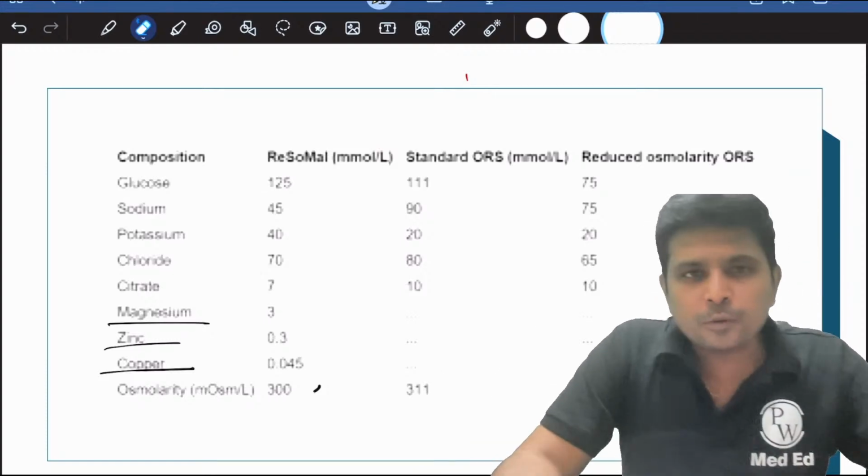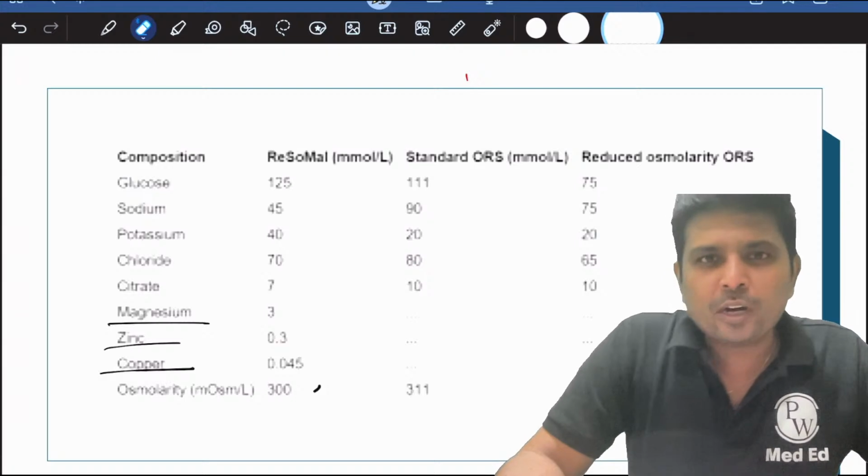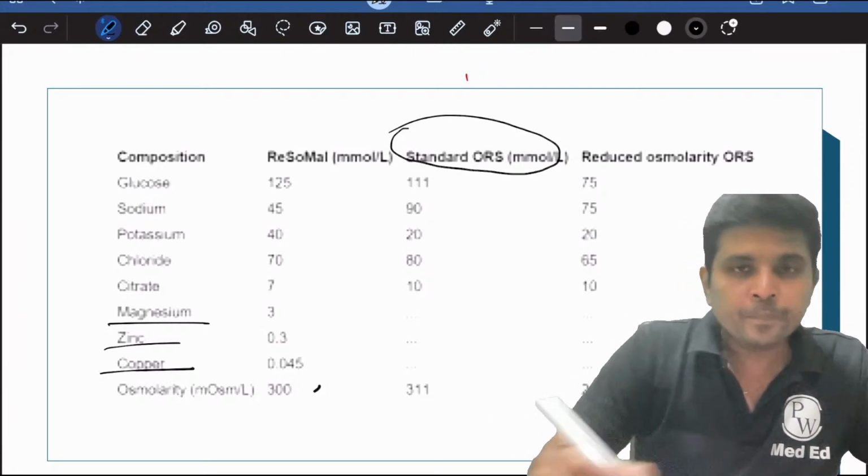Okay, so during the olden period, the first ORS was standard ORS.